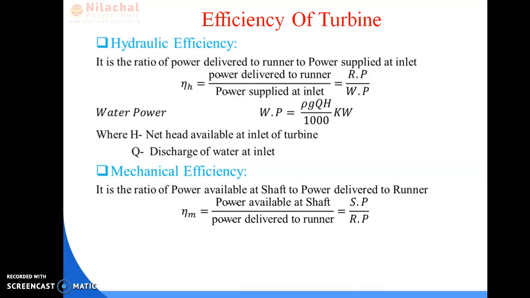Power delivered to the runner means the force exerted by the water upon the runner, that is known as the work done by the jet of water per second. In this way, mechanical efficiency is equal to shaft power divided by runner power.